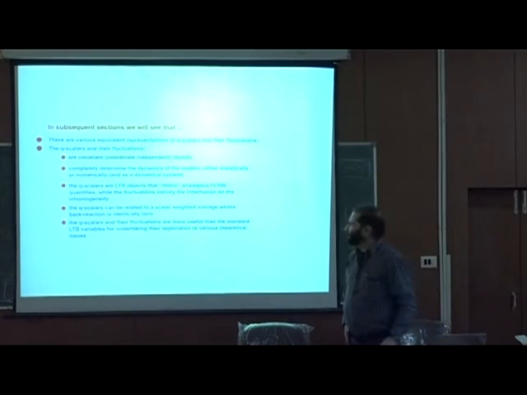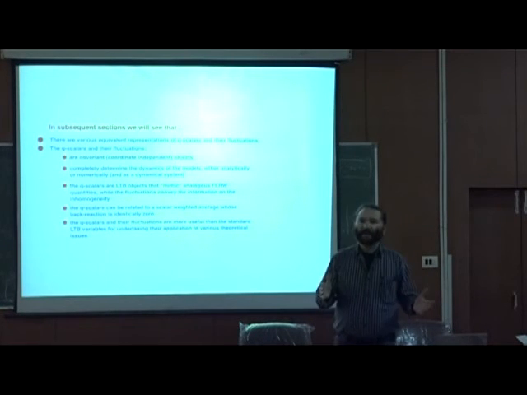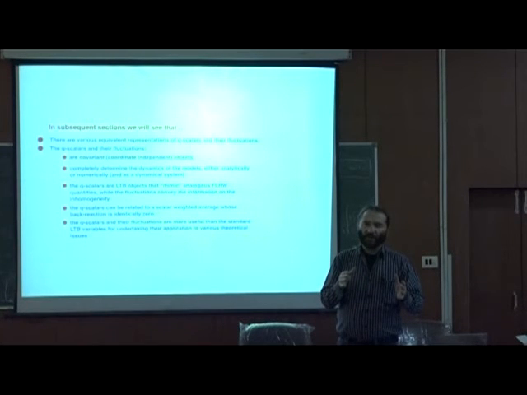Also, the Q-scalars and their fluctuations are more useful than the standard LTB variables. We're undertaking their application to various theoretical issues. For example, back reaction. What is back reaction? Back reaction is supposed to be nonlinear effects on the evolution of overdensities and inhomogeneities when you study their averages.